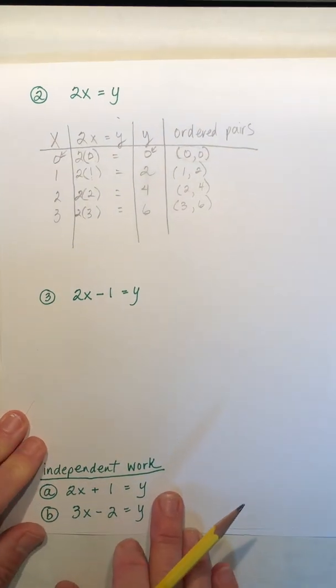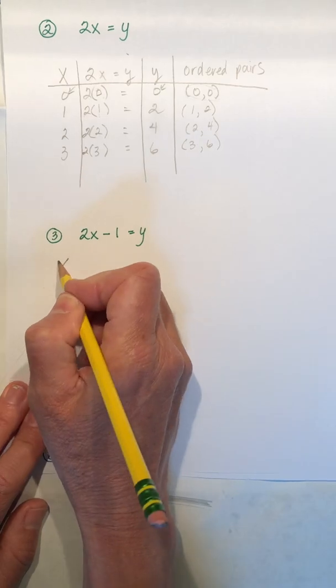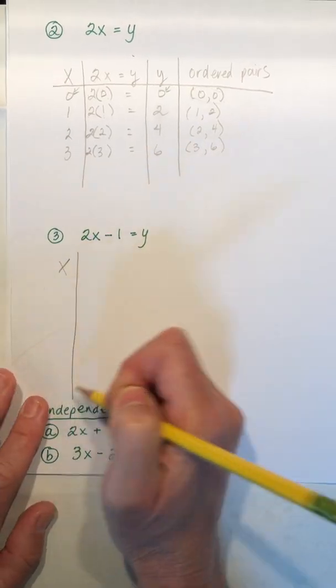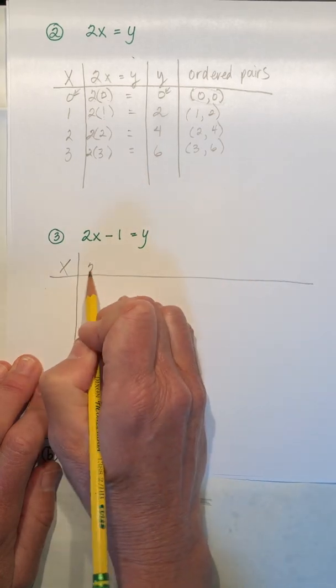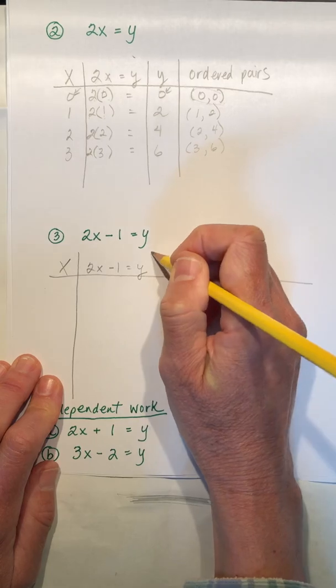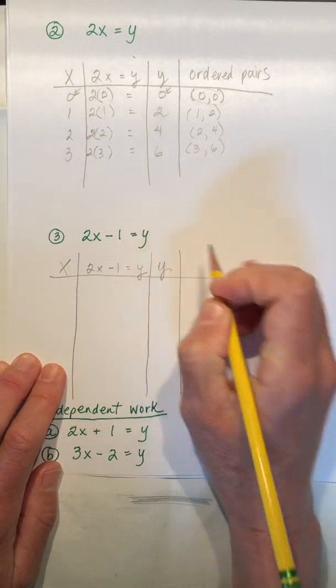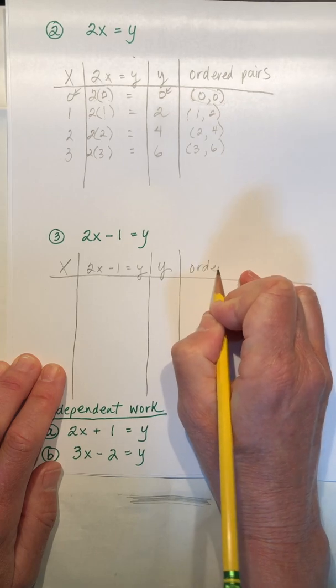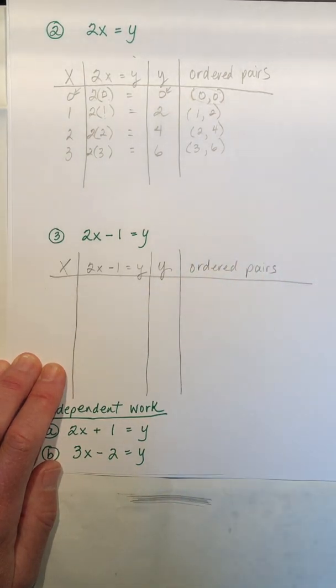All right, last one. So now we are working on x. And let's see, my work here is 2x minus 1 equals y. So my y value will go there, and my ordered pairs will be over here. Great.